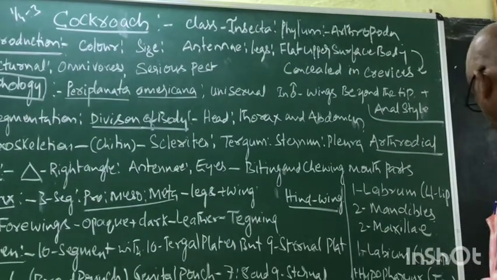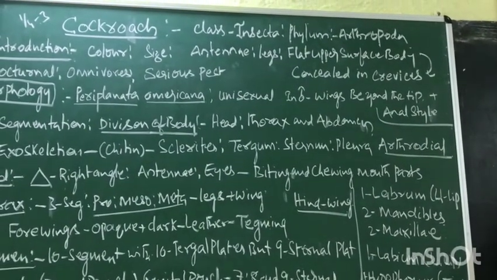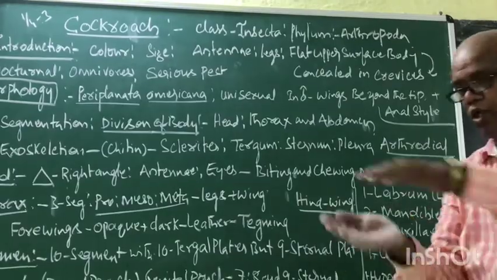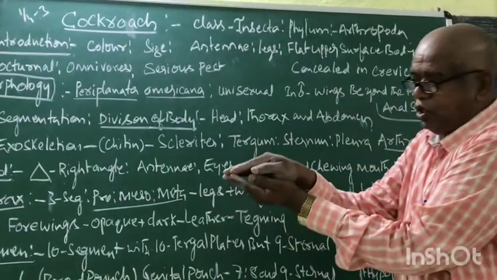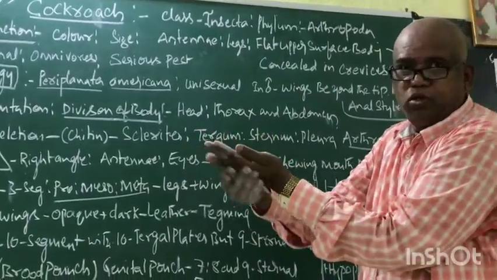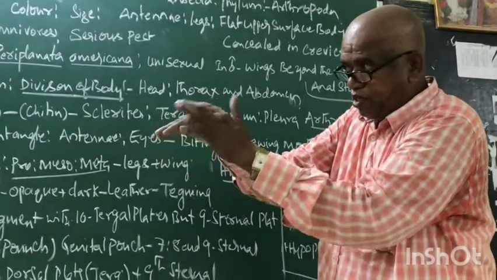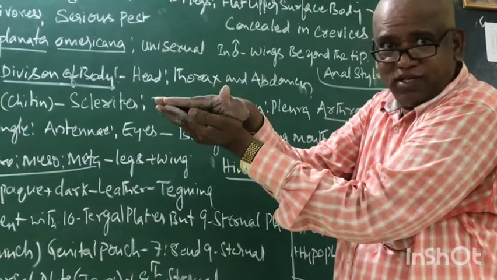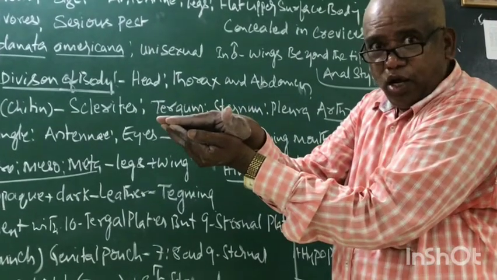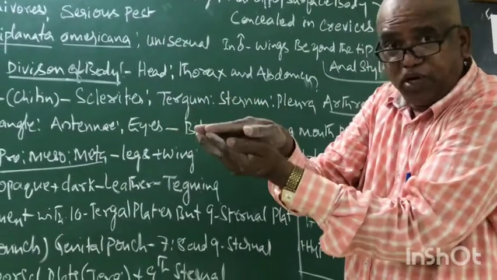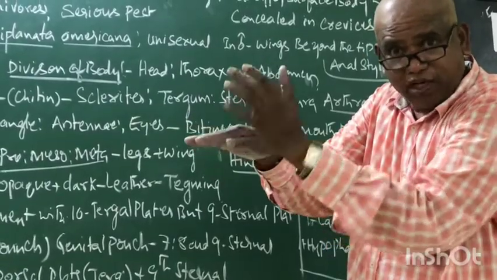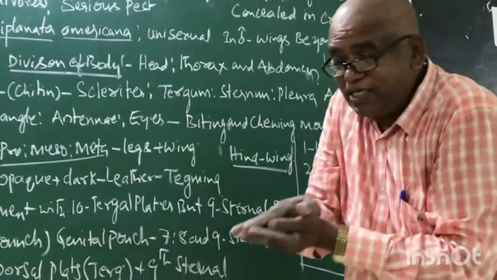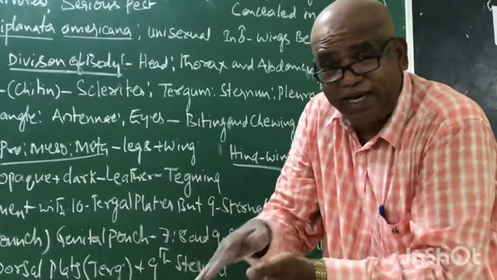Once again, just observe. Right. Now, it is the cockroach. Upper surface, lower surface. The upper surface is not bulging, the upper surface is flat. If the upper surface is flat, it is easily hidden.